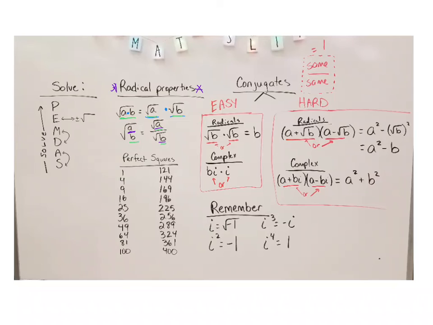The other super huge idea we're going to talk about today is conjugates. Conjugates are what make the radicals disappear in the bottom of a fraction. We're going to spend a little bit of time explaining conjugates. There are two rules when it comes to fractions.